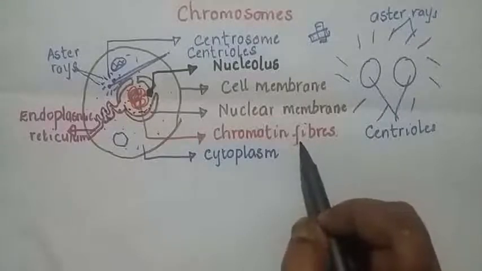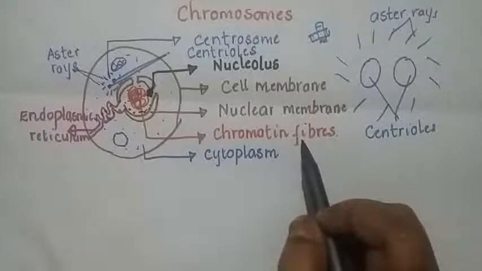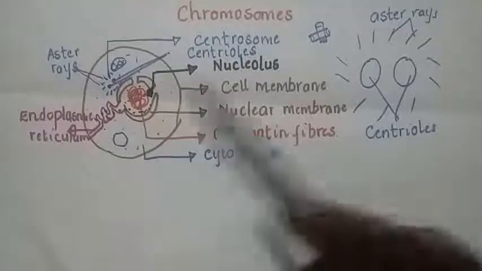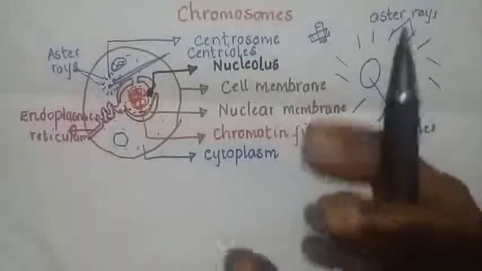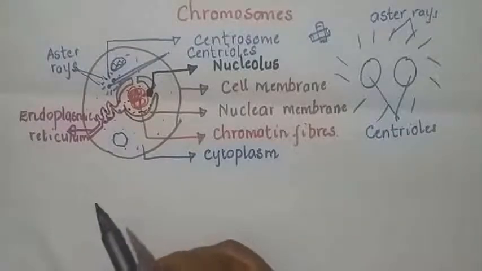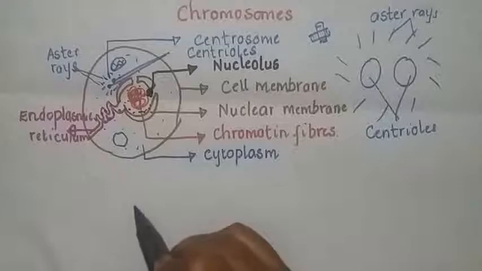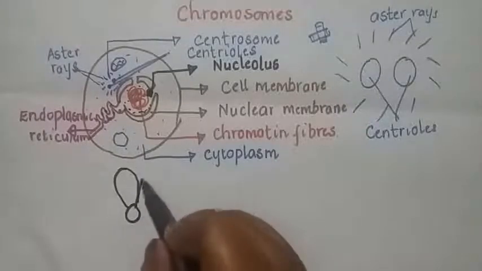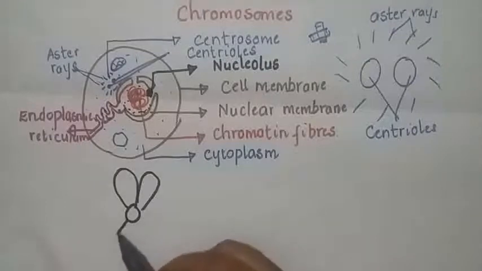But during the cell division, these long thread-like chromatin fibers will condense, and then when they condense, we find a highly condensed structure, which appears in this way.